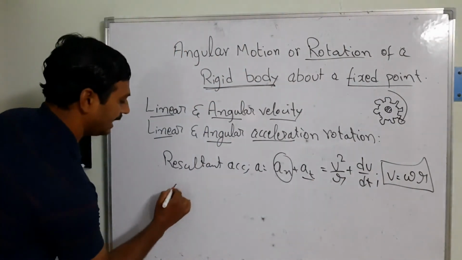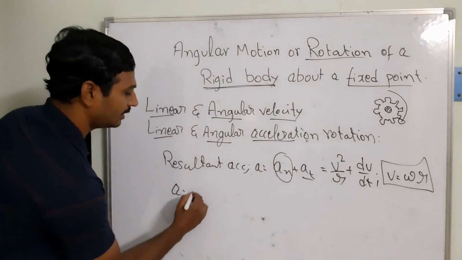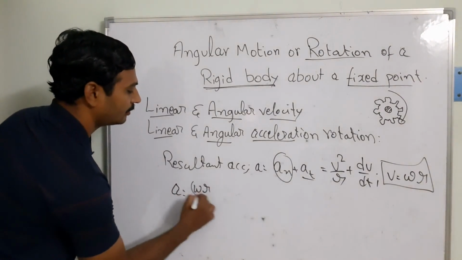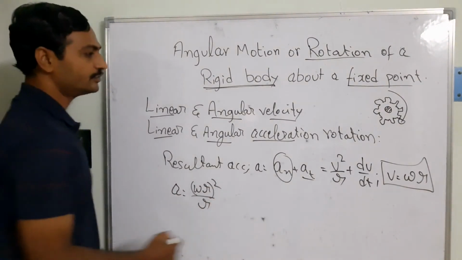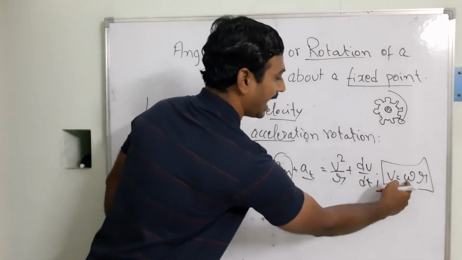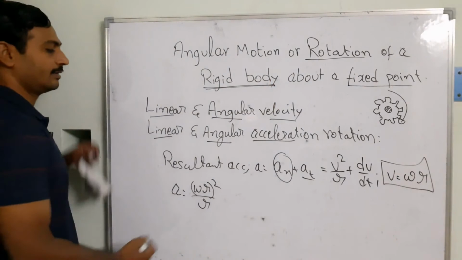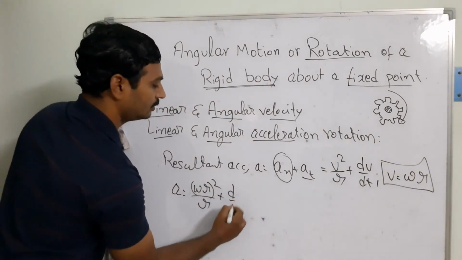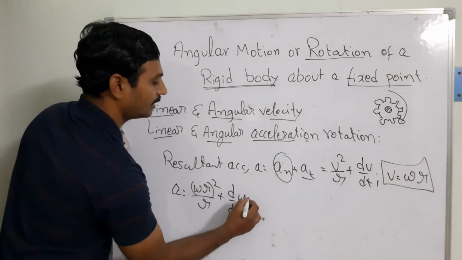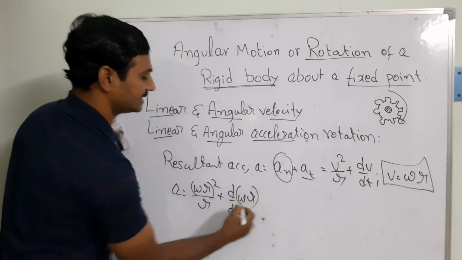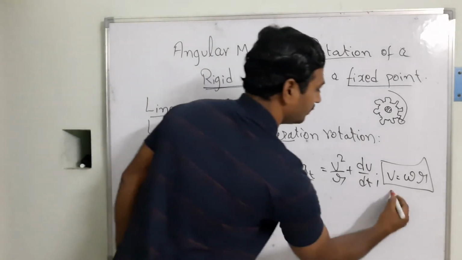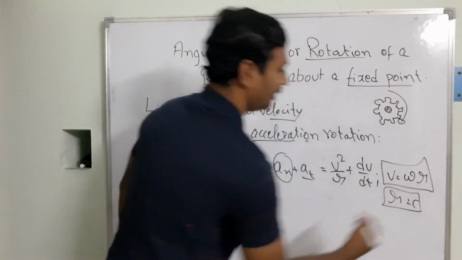So then A is equal to omega into r whole square by r. Can you see? V square is nothing but your angular velocity into the radius, plus d by dt of omega into r. In this case, r is always constant, it is a fixed part.